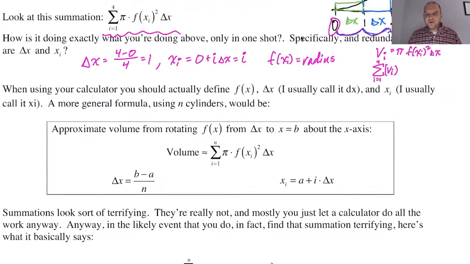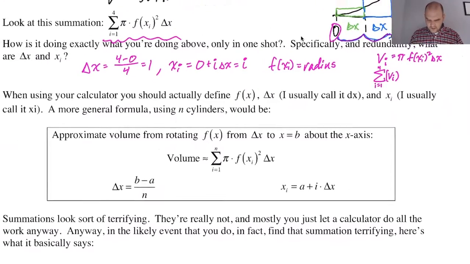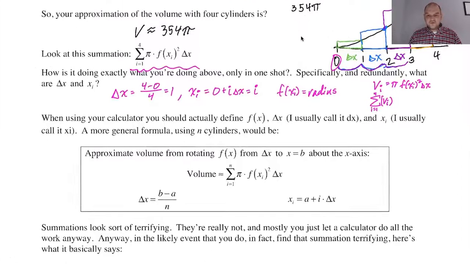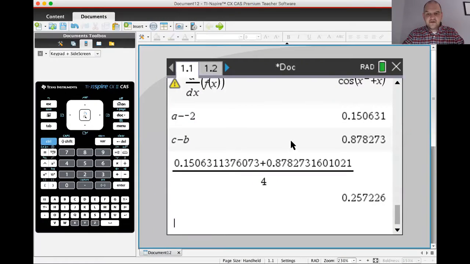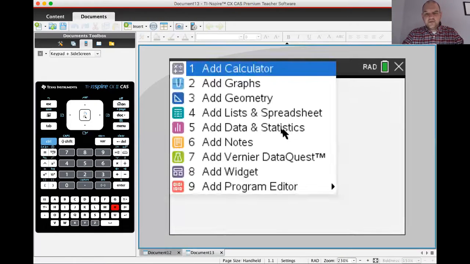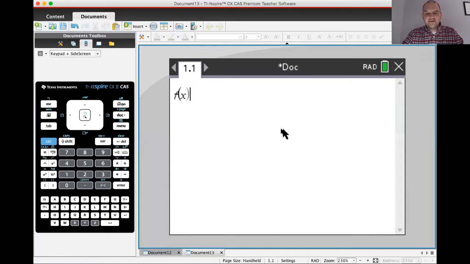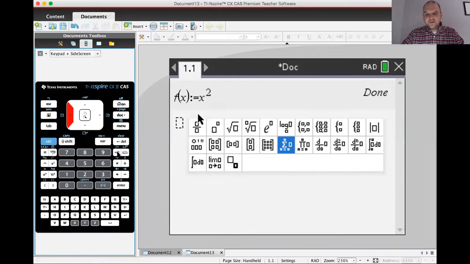It's kind of summarized below, but it's good to talk it through. What I'm going to do is use the calculator to generate this so that you can see that it works. And then I'm going to cut this and come back in another video to do something else. So I'm going to share the calculator. New thing, f of x is x squared, because that's what we're still working with. And what I want to do is a summation. So in the templates, you'll find the summation.